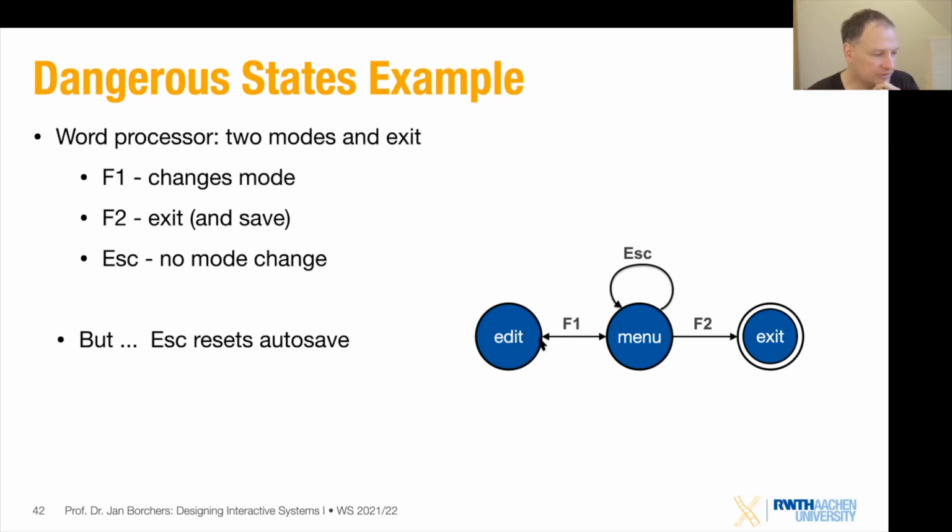If I press F1 to get out of edit mode and into menu mode, then I can press exit and save, and that's fine, right? That will save my changes. I could also press escape, which does not change the mode, so it stays inside the menu state. It would also, for that matter, stay in the edit mode. But there's one extra thing.